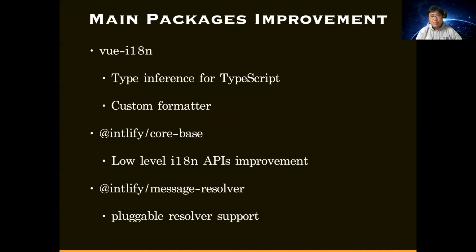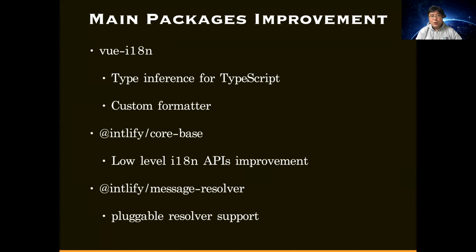As for the main package, the current plan is to improve what you see on the screen. There are two improvement plans for the Vue I18n package. The first is to improve TypeScript type inference.